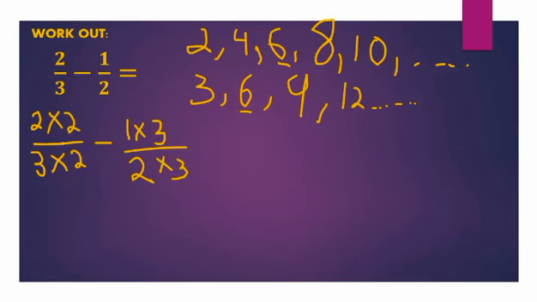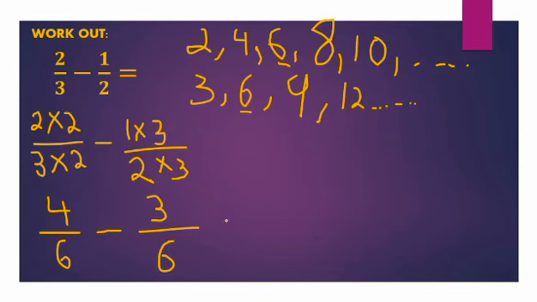Now the answer for the first fraction, 2 times 2 equals 4 over 6, minus 1 times 3 equals 3 over 6.